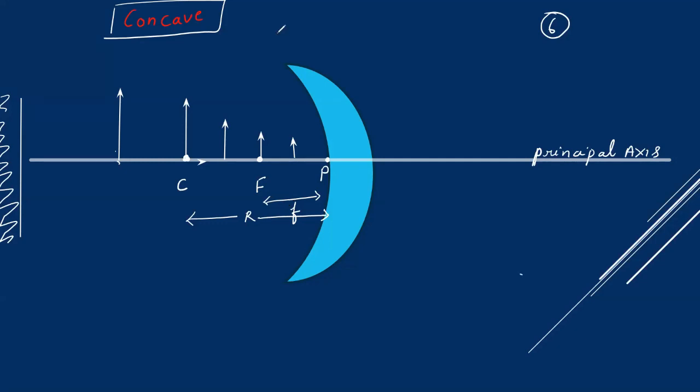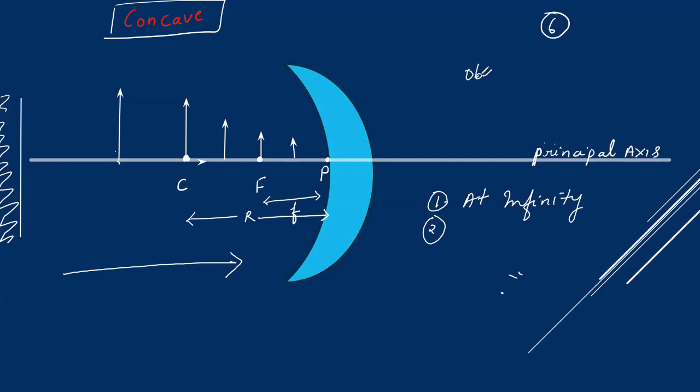First, the object will be at infinity. Secondly, we are coming closer and closer towards the pole. Object distance, which we are going to study later, is always denoted by small u.